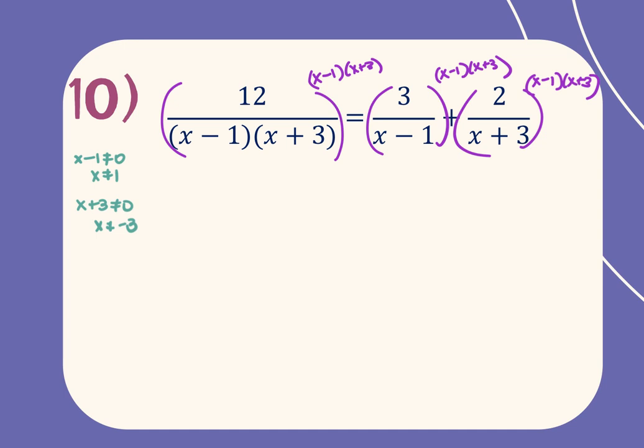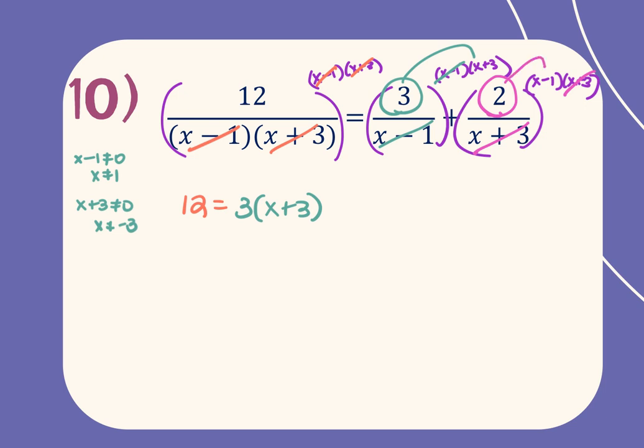From the first fraction, both cancel. It's just 12. The second one, x minus 1, cancels. So it's 3 times x plus 3. And the last one, the x plus 3's cancel. So it's 2 times x minus 1 with a plus in between. So plus 2 times x minus 1. Distribute the 3.